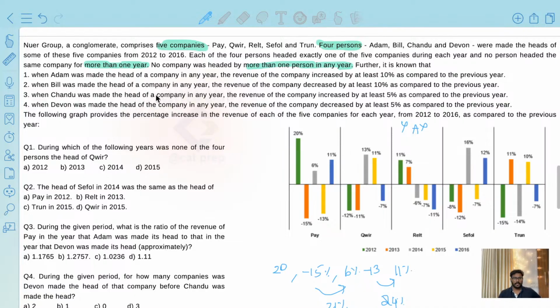B was made the head of a company in any year. The revenue of the company decreased by at least 10% as compared to the previous year. 10% decrease. It can be here. We can be here also.